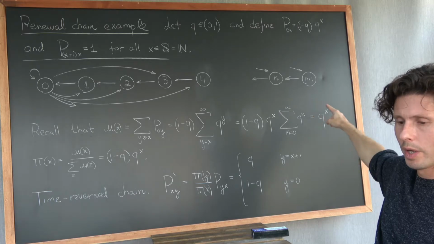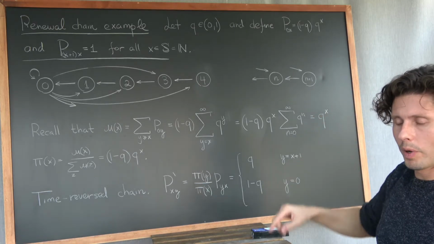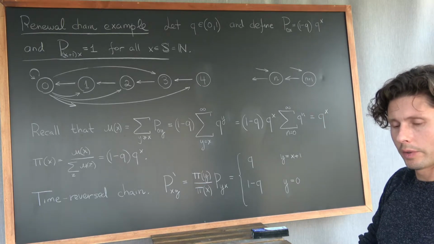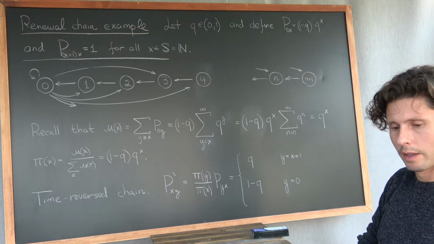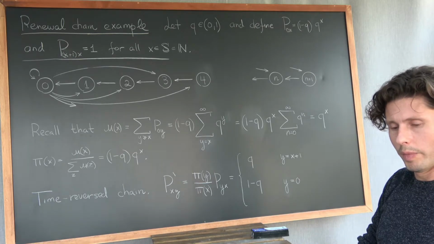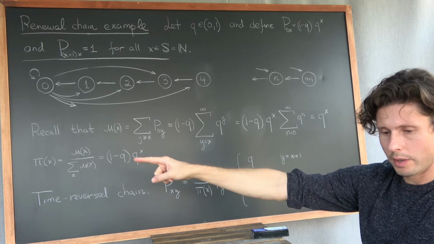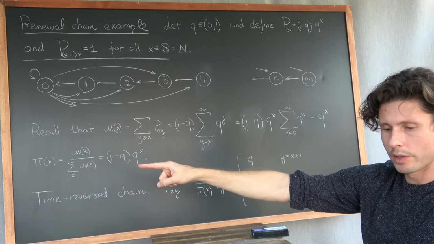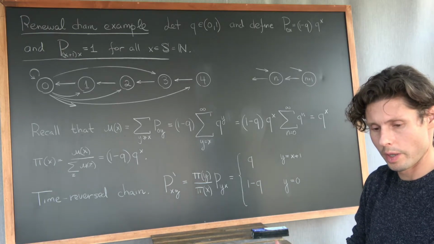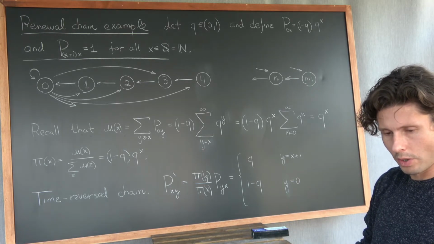The sum of this over all possible x from x equals 0 out to infinity is again 1 divided by 1 minus q. And that's exactly how this popped up here. This used to be in the denominator as 1 over 1 minus q, and then it went upstairs.